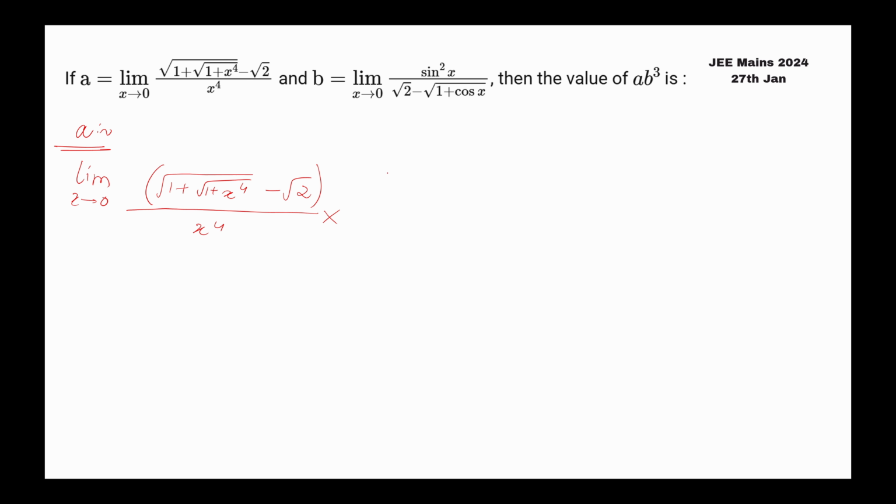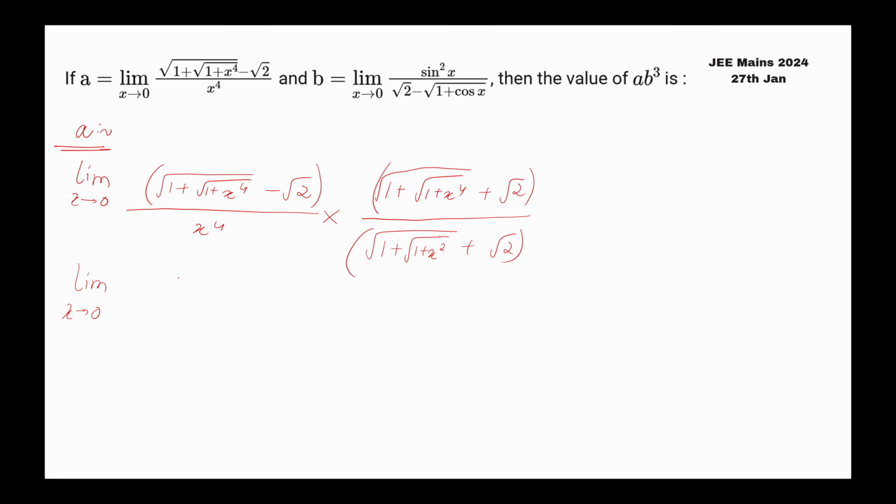What I do is I multiply 1 plus root under 1 plus x to the power 4, this whole is under root, plus root 2 upon, I divide it with the same thing, plus root 2. Now upon rationalization, what are we getting? Limit x tending to 0.